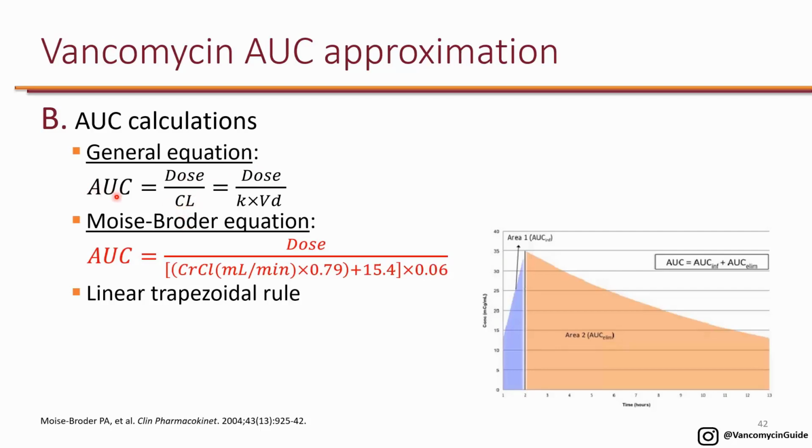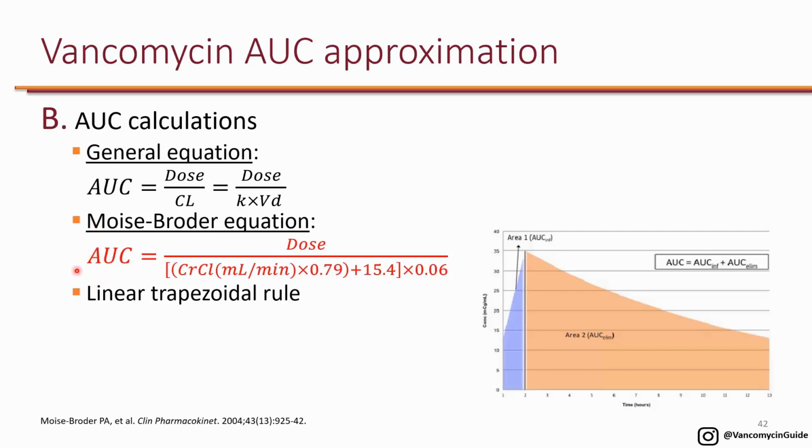Now empirically, when you're just starting the dose, you can't really know the clearance in the patient from levels, because you haven't received levels yet. So you can use population kinetics. There's the Moyes-Broder equation, which was derived from their patient population, that can estimate what the AUC would be empirically.